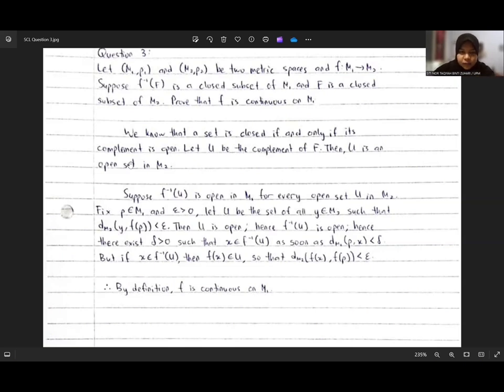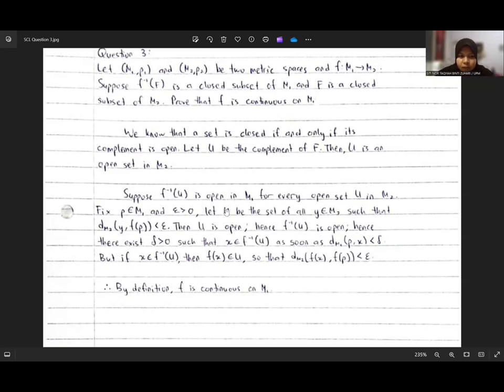So to prove that f is continuous, we need to show that for every point in the pre-image of an open set, there exists an interior point of that pre-image. So suppose f inverse of U is open in M1 for every open set U in M2.